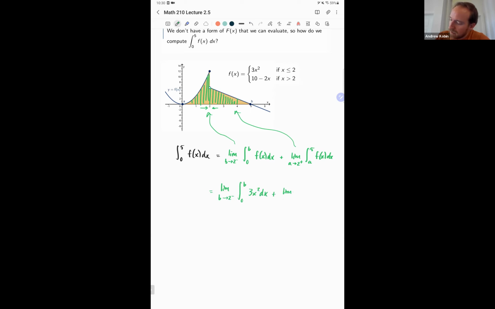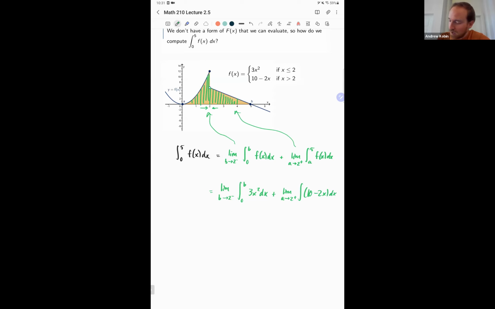On the other hand, as a approaches 2 from the right, we're looking at intervals of the form a to 5, where a is greater than or equal to 2. In this case, we can take a to be greater than 2, and this integral will still make sense. In which case, we're dealing with the second part of the piecewise function, 10 minus 2x dx. So now we have 2 different integrals to evaluate.